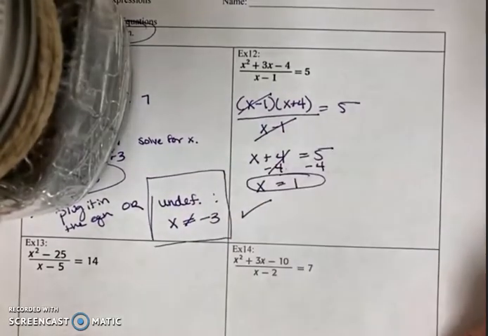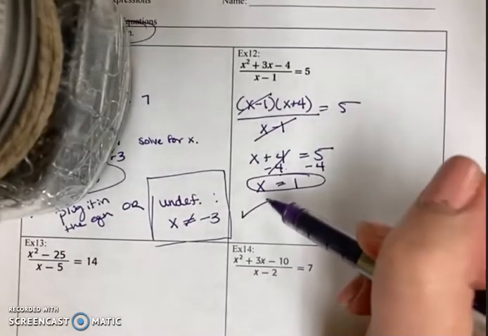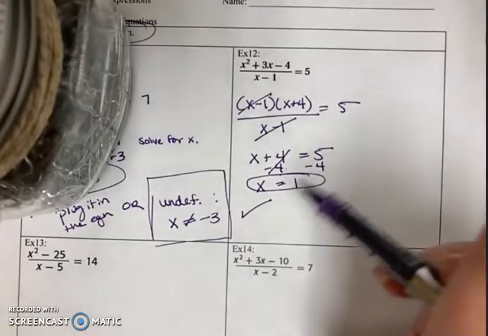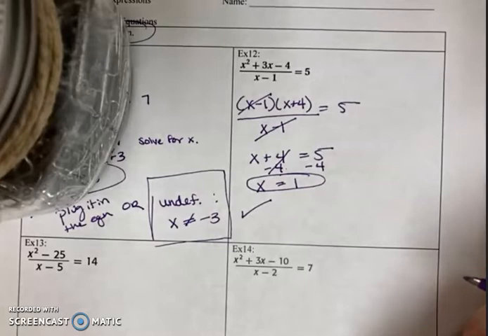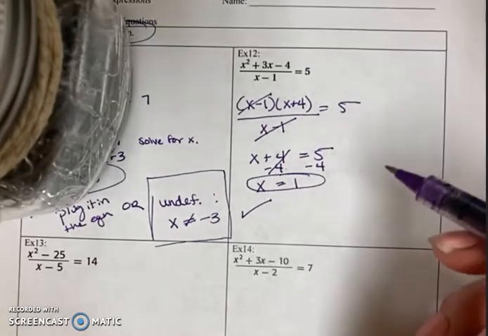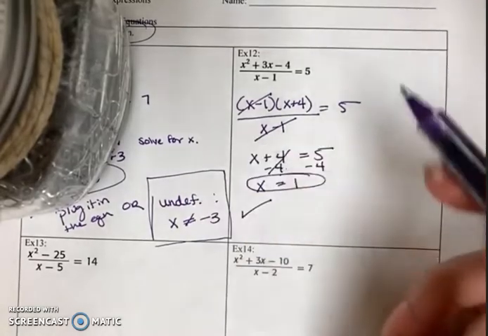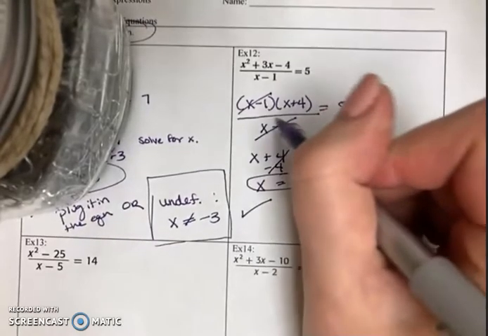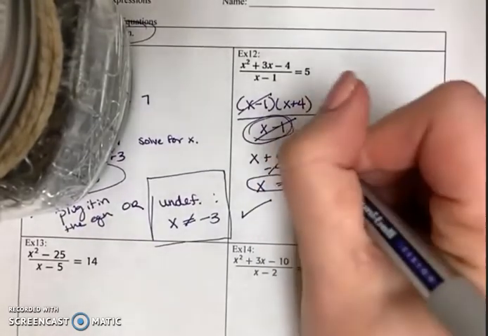When we go to check, we can either plug 1 back into the original equation and see if that works, or we can just check and see when the function is undefined. So let's say I want to practice this, so I'm going to continue that. A function is undefined when the original denominator is equal to 0.